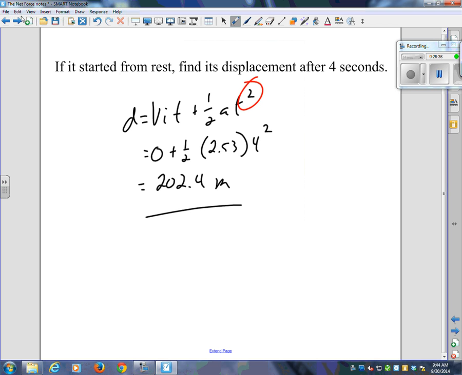Okay. I got 20.3. Did I do something wrong? Oh, I know why. I didn't have 2.53, I had 25.3 in my calculator, and I did that part in my head. So you're right. That seemed big. 20.5 meters. Thank you, Ashley.